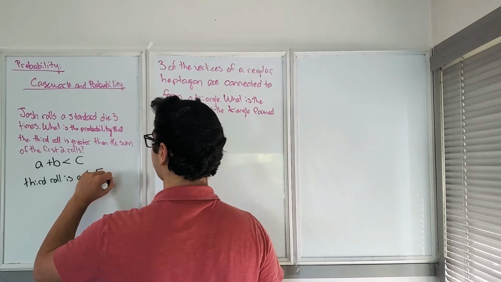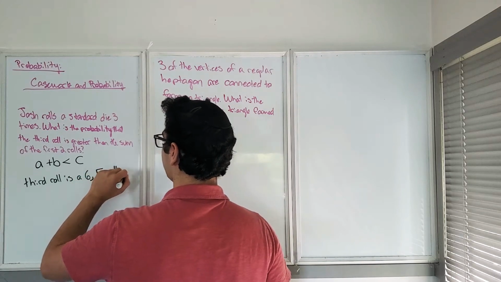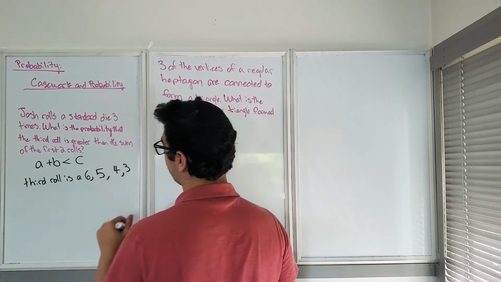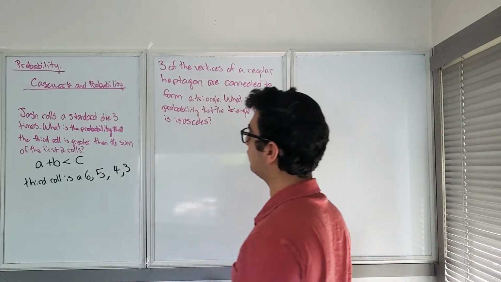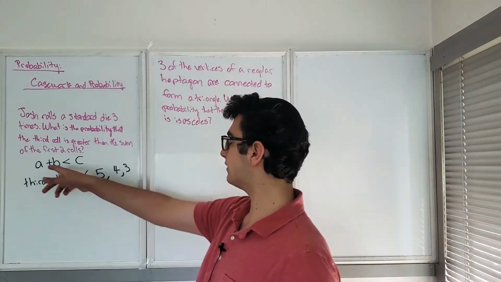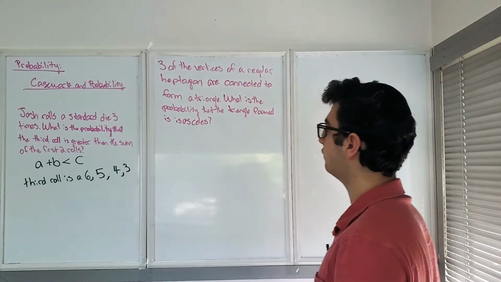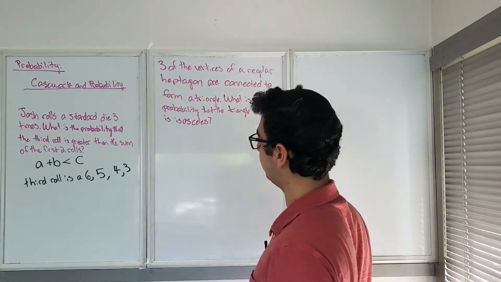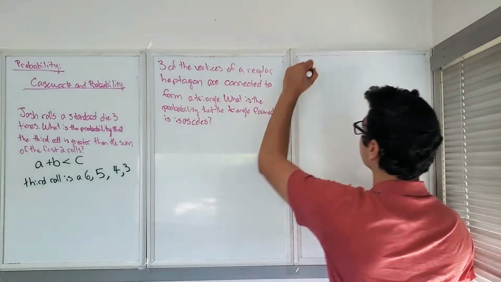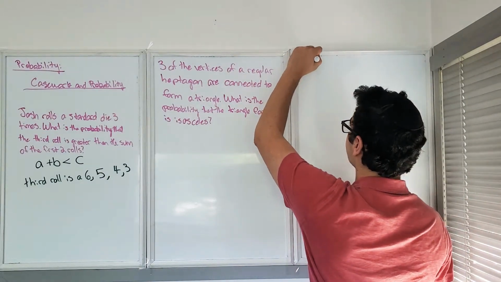Also 5 and 4 and 3, you can't go up to 2. So we have these 4 cases that we need to consider, and inside each of these we're going to have a bunch of different more cases. So let's start with 6.